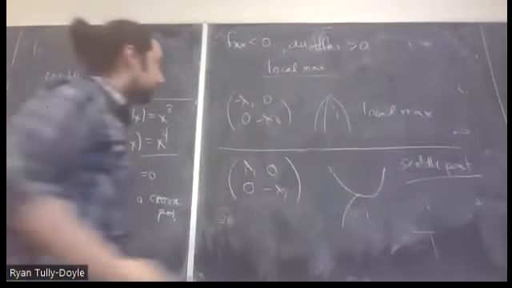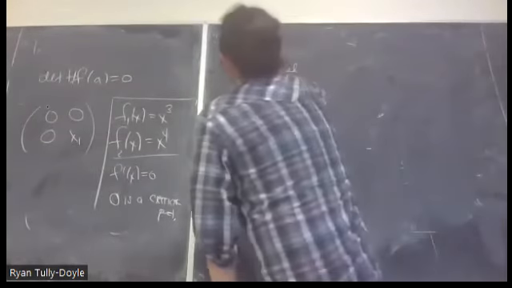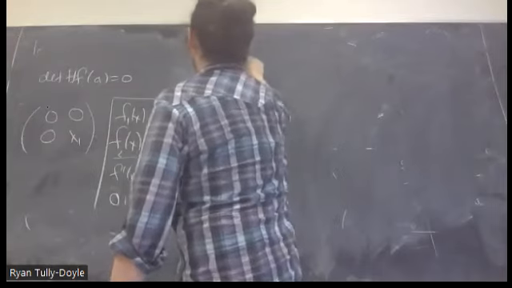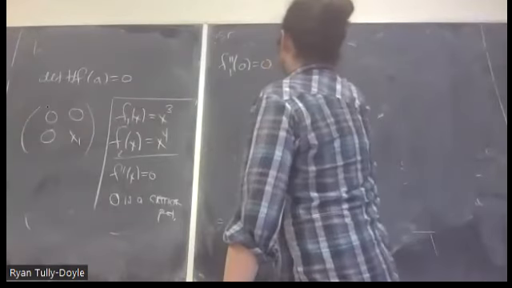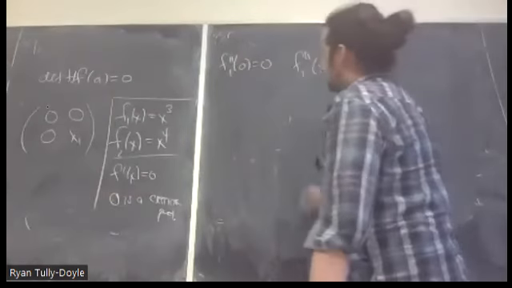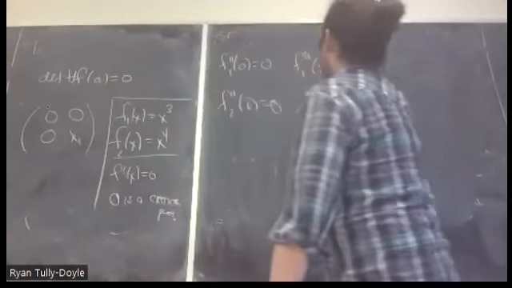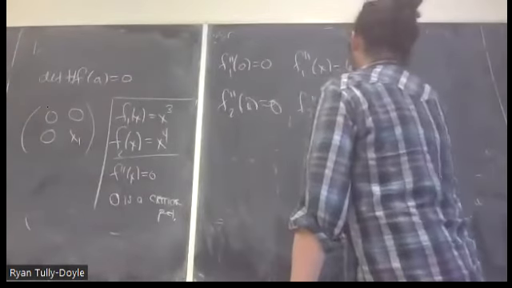Why can't the second derivative tell you if you're at a local maximum or a local minimum? Well, you just naively compute it, and what you'll find is that f prime prime of 0 is equal to 0. f1 prime prime of 0 is 0 because f1 double prime of x is equal to 6x, and f2 double prime of 0 is also equal to 0 because f2 double prime of x is equal to 6x squared.